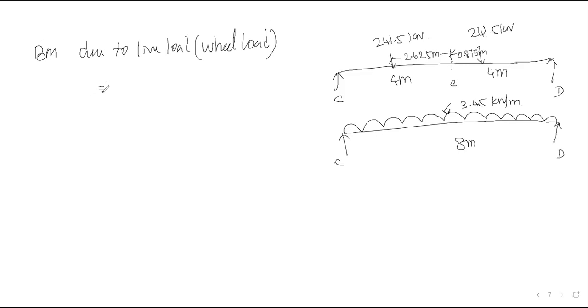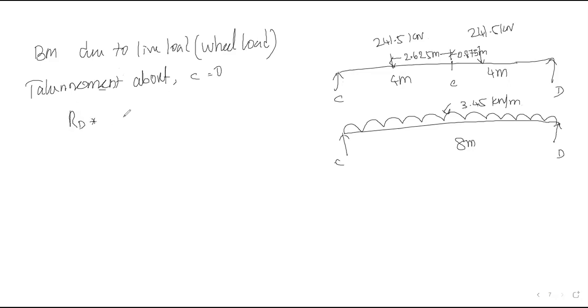So how do we calculate the reactions RC and RD? Taking moment about C is equal to 0.